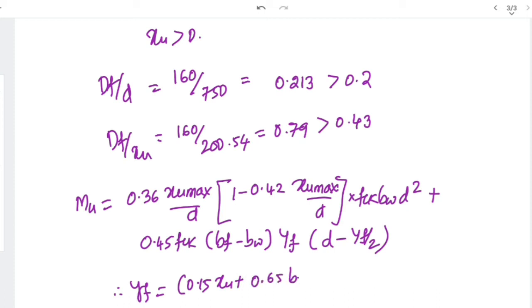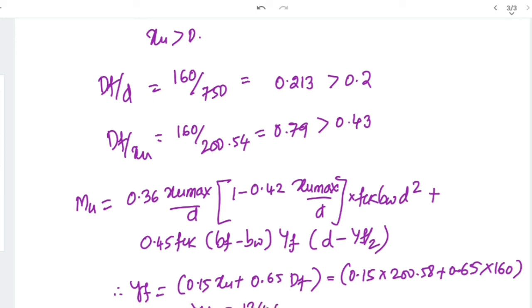When you solve this, 0.15 into 200.58 plus 0.65 into, sorry, this is not breadth of flange, it is DF, that is 160 mm. When you solve this one, YF is equal to 134.08.